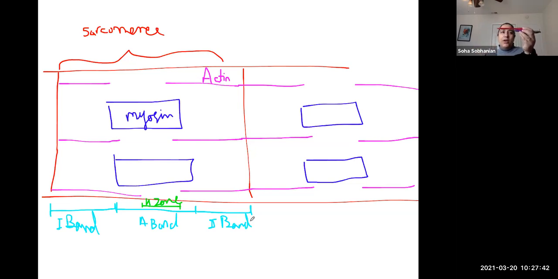Now, again, same scenario, guys. This is my I band right here. The length of my pen is my A band. And this area where it's only purple, that would be my H zone. So when my muscle is contracting, what is happening to my H zone?